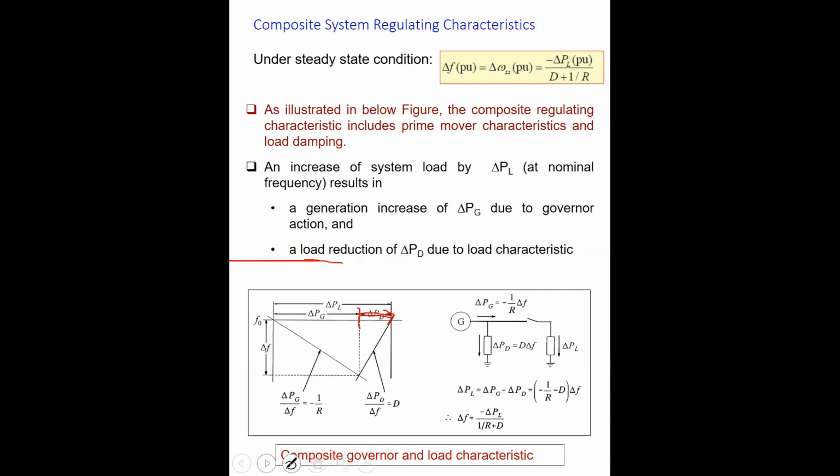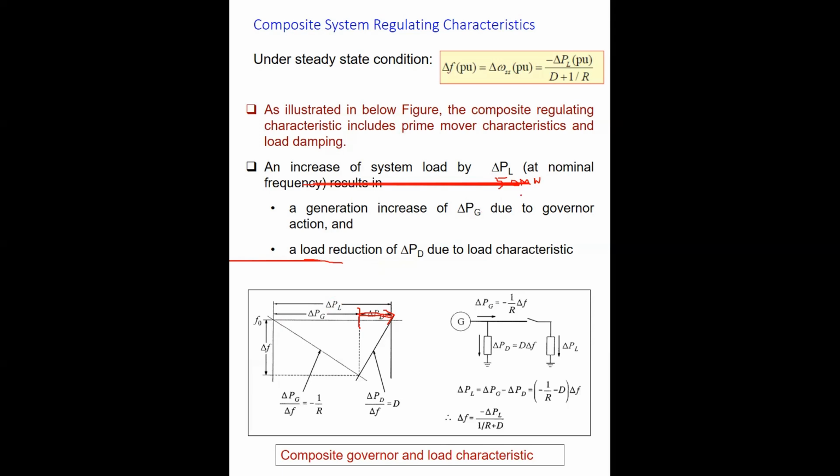For example, if there was a load increase of 50 megawatt on the generator, the total load increase was 50 megawatt.